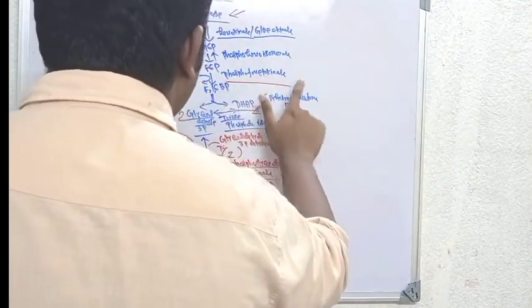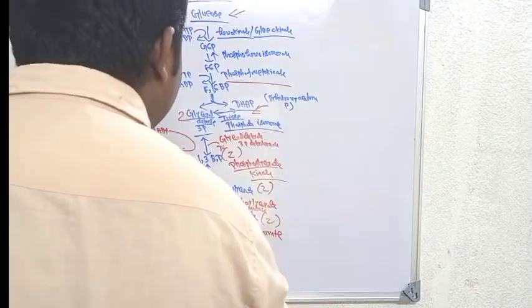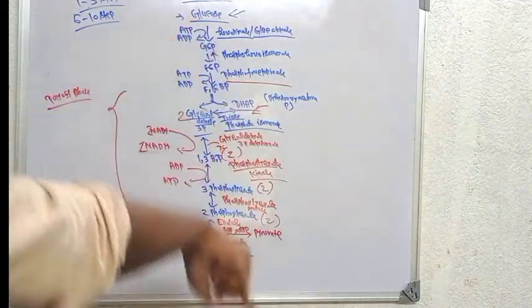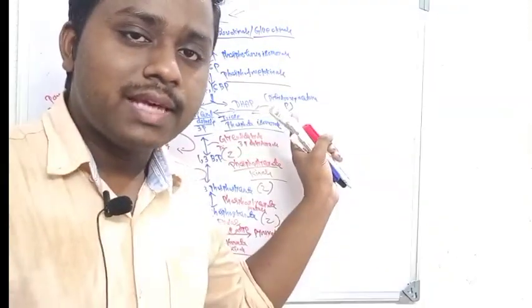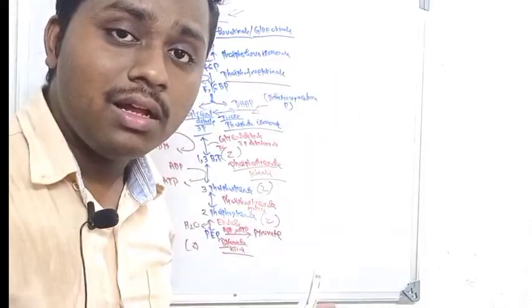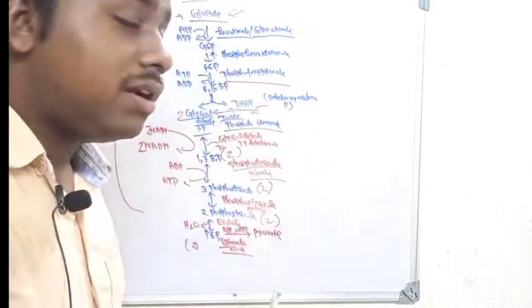Phosphohexoisomerase and phosphofructokinase. The first step, third step, and last step are irreversible and exergonic steps, and the enzymes involved in these steps determine the entire glycolytic pathway, so these are regulatory steps.